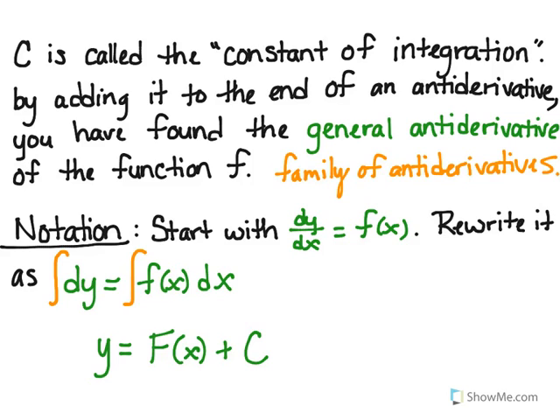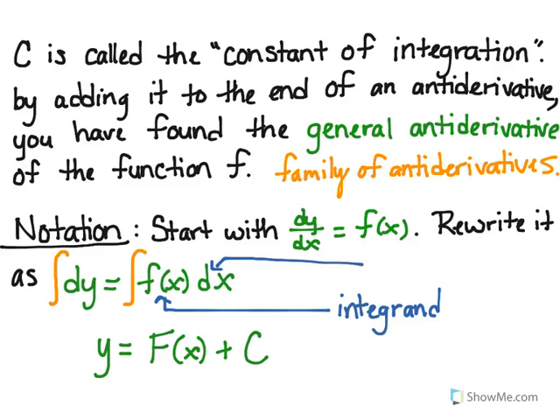Here are the names for all of these things. The lowercase f of x is called an integrand. It is a function inside of the integral that we're going to find the antiderivative of. The dx that follows the little f of x is called the variable of integration.